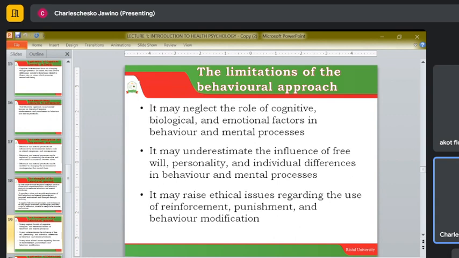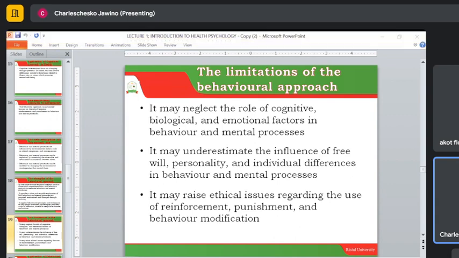It may raise ethical issues regarding the use of reinforcement, punishment, and behavioral modification. For example, you want to make your animal, or human beings, learn something new, but you are using the approach of reward and punishment. If an individual does this, you punish them. If an individual does this, you reward them.